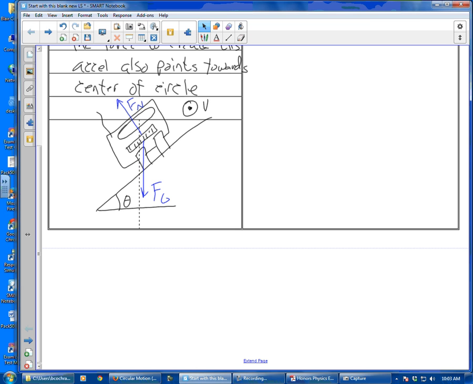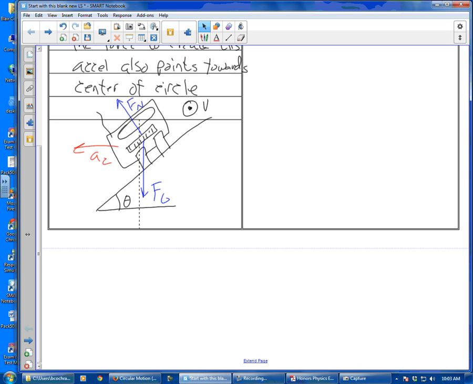Therefore, it's going to be accelerating centripetally towards the center of the curve. And it's a component of that normal force which provides the force to give it this acceleration.